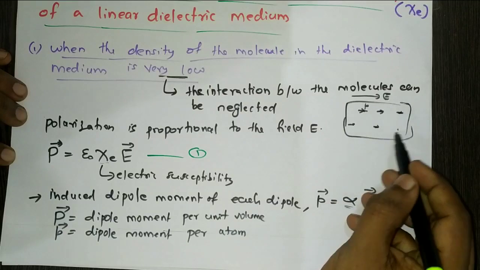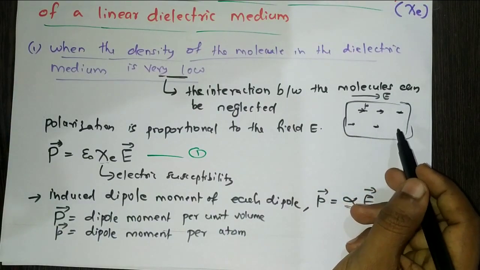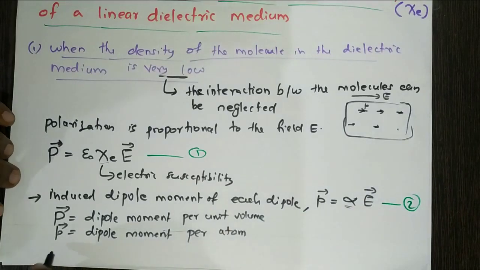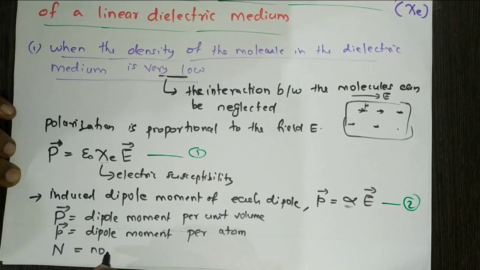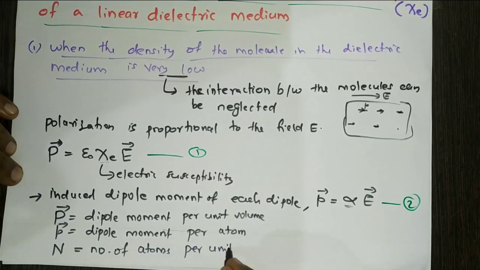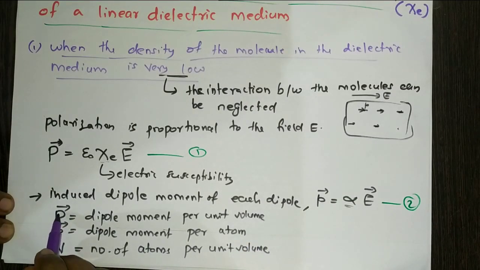And if this dielectric medium consists of capital N atoms per unit volume, that is, N is the number of atoms per unit volume, from these relations I can write this polarization P as N multiplied by p.